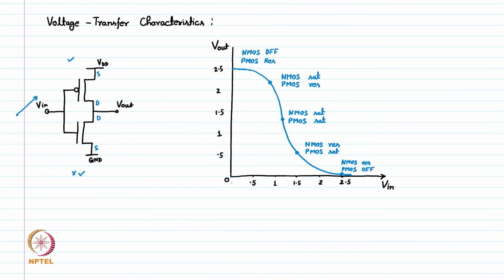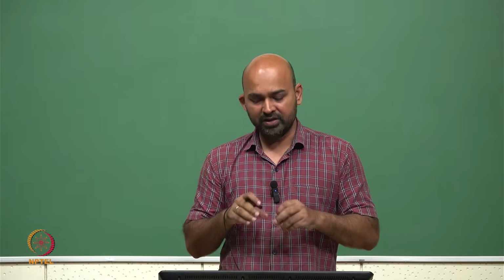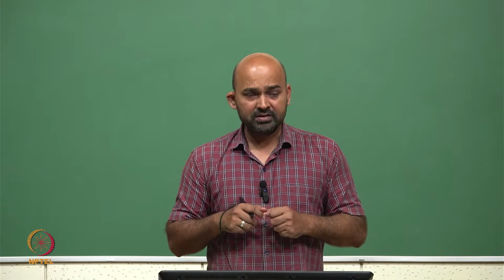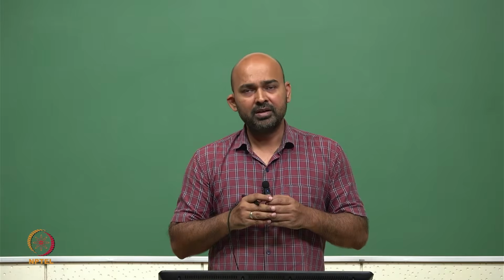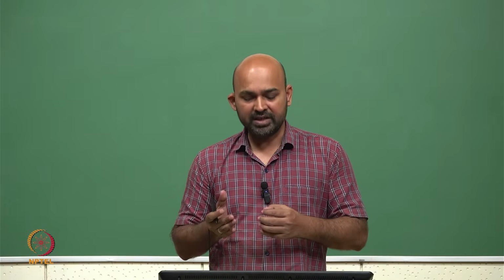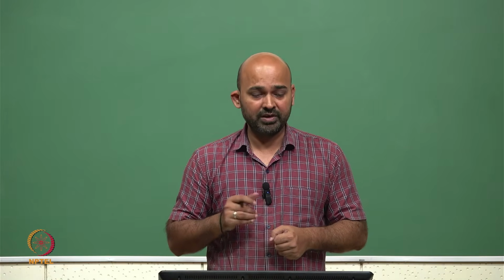So, this is how a VTC or voltage transfer characteristic of an inverter looks. This is the characteristic of an inverter in normal condition, when we just connect a PMOS and NMOS together to make an inverter. Most of the time there are so many factors which can affect the VTC of the inverter.